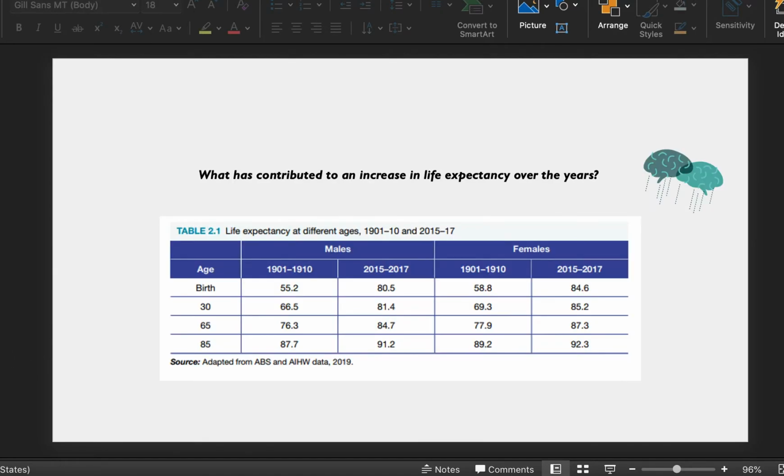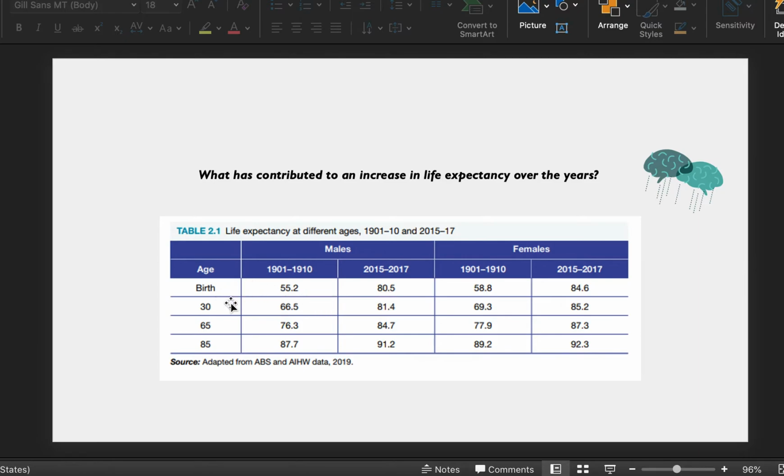So here's a little bit of a table for you with some data in it that is up to date as of 2017. Now, I need to explain this to you. At birth, for a male, the life expectancy is to live to 80 years and a half.